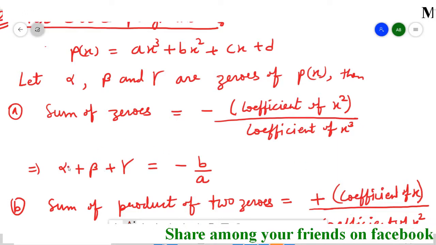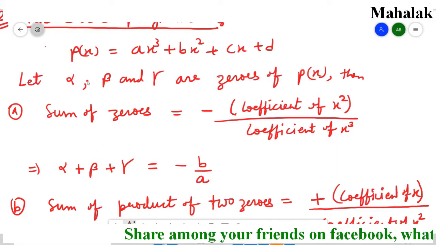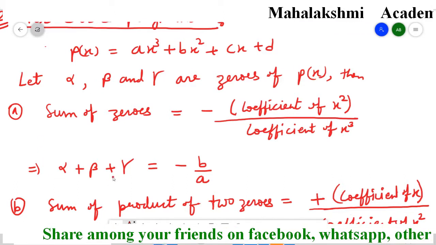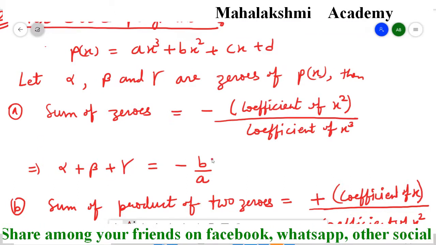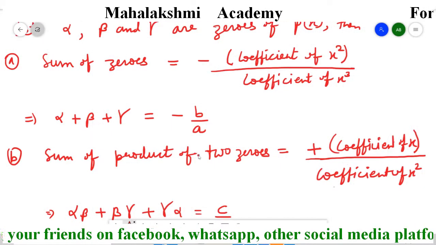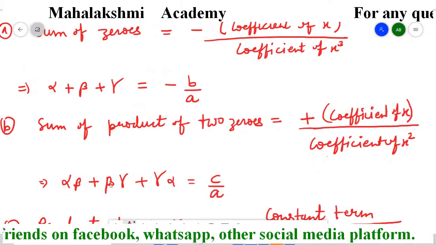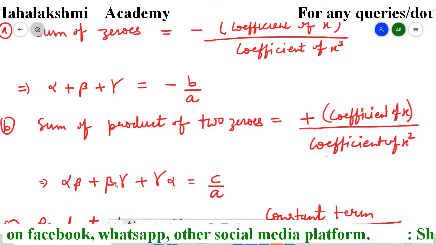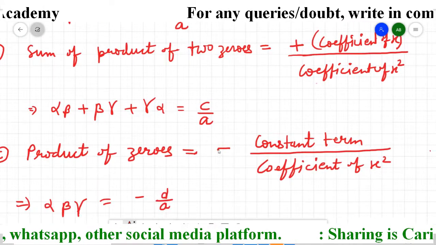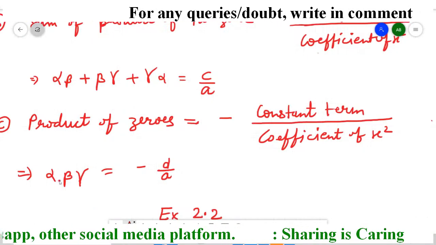Now, here there are three zeros. Firstly, single zeros will come, meaning they come singly: alpha, beta and gamma. Then two zeros together: alpha beta, beta gamma and then gamma alpha. Then all three zeros together: alpha beta gamma.